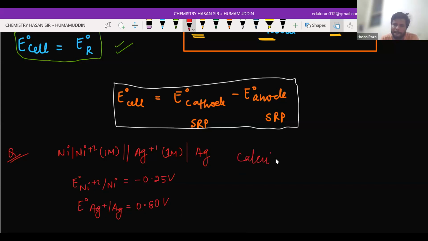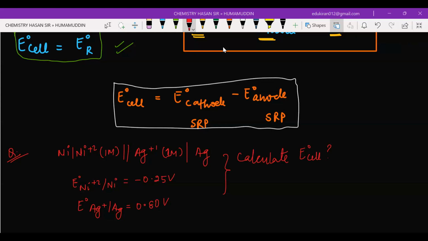Calculate E naught cell. Since a standard potential is given, they will ask you the standard cell potential. Will you be able to solve this?